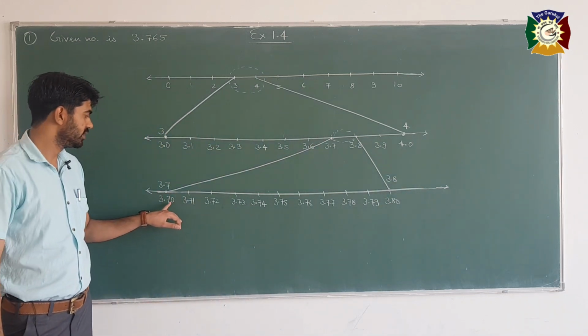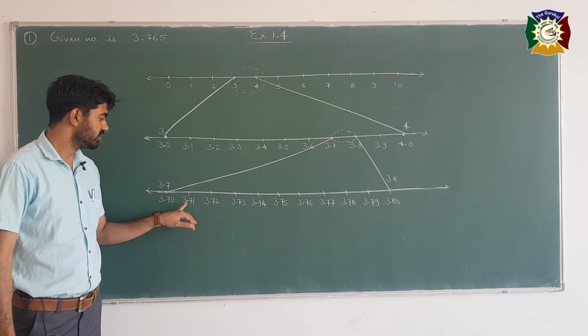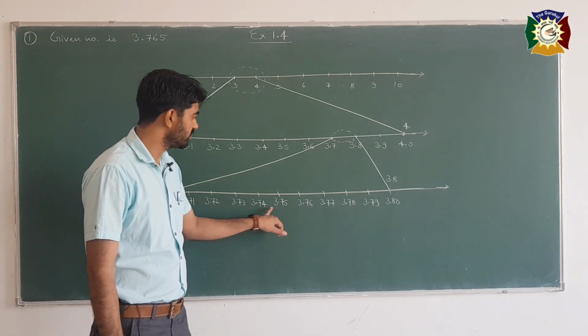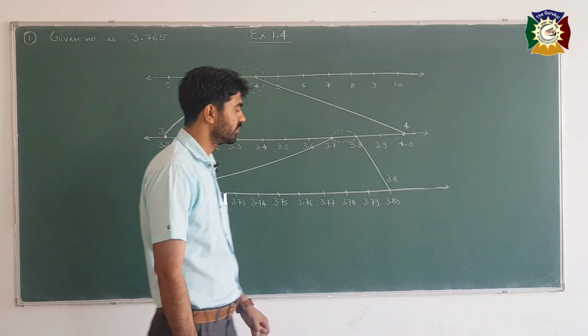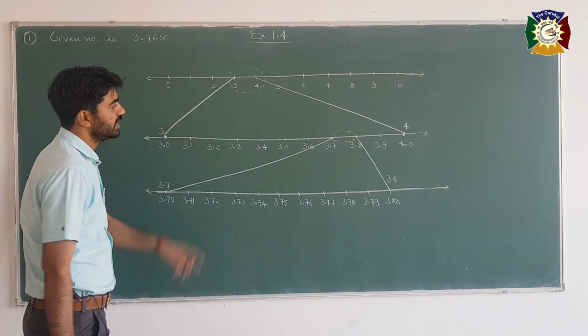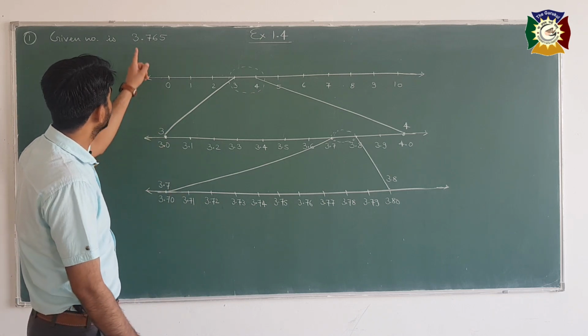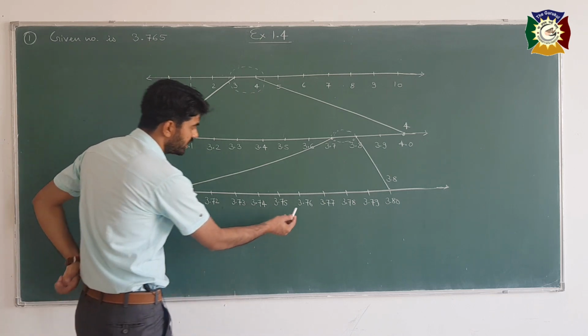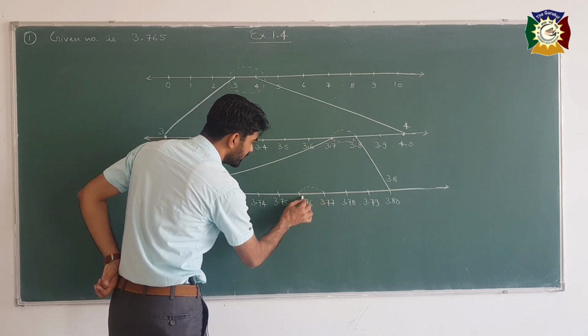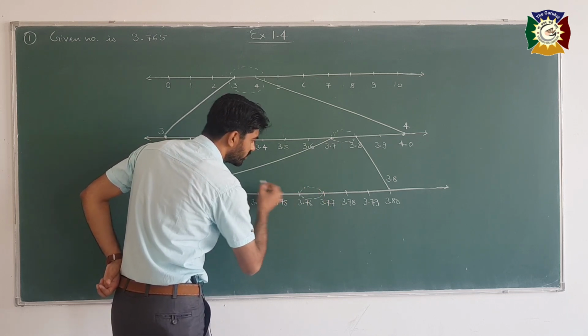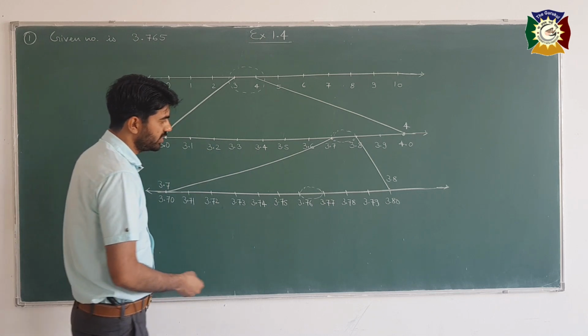So again 3.70, 71, 72, 73, 74, 75, 76, 77, 78, 79 and 3.80. Now this number is greater than 3.76 and less than 3.77. So again the number lies somewhere between these two numbers. Again we will magnify.